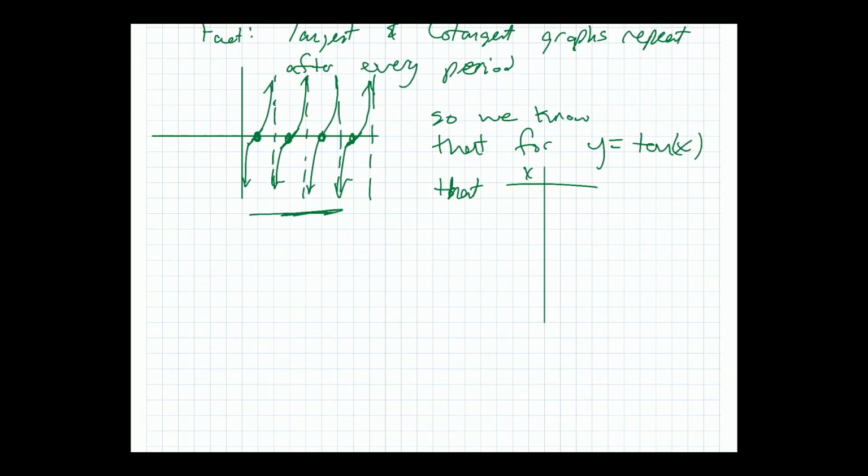X, and we had negative pi over 2, negative pi over 4, 0, pi over 4, pi over 2, and this was DNE for the y value, negative 1, 0, positive 1, DNE. I'm going to erase that and write it nicer looking. What we know is where it's -1, where it's 0, and where it's +1.